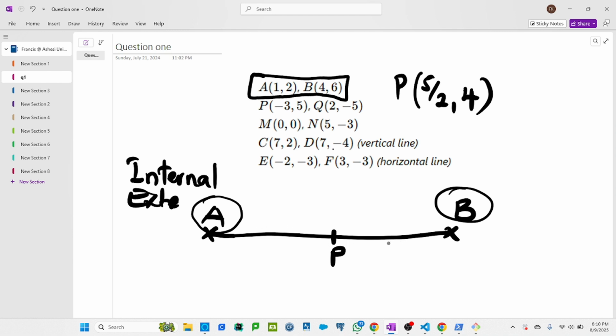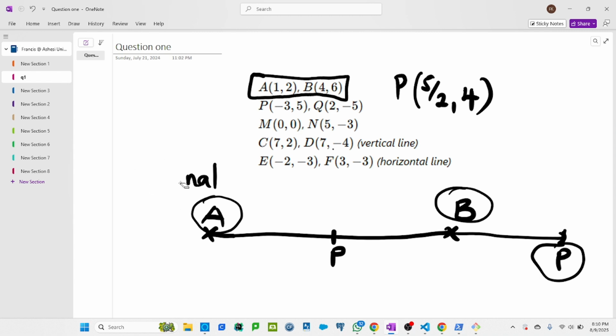That's internal. For external, the point is outside. Let's say P is here, outside, and it's dividing these two. So that's external. The point dividing the line segment is outside of it. If it is inside, it is just internal. Basically, that's the meaning. But how we go about that is the next concern.